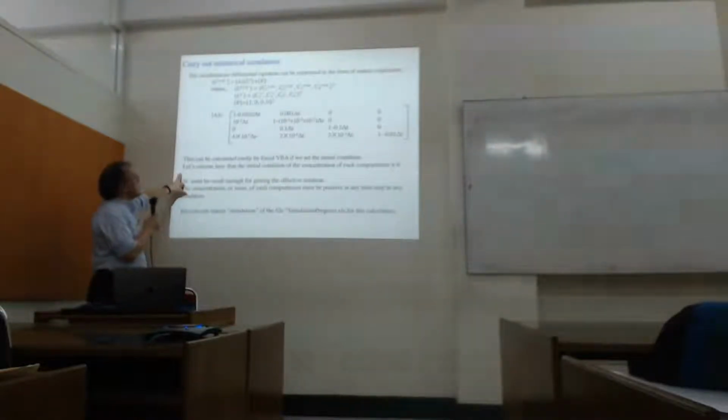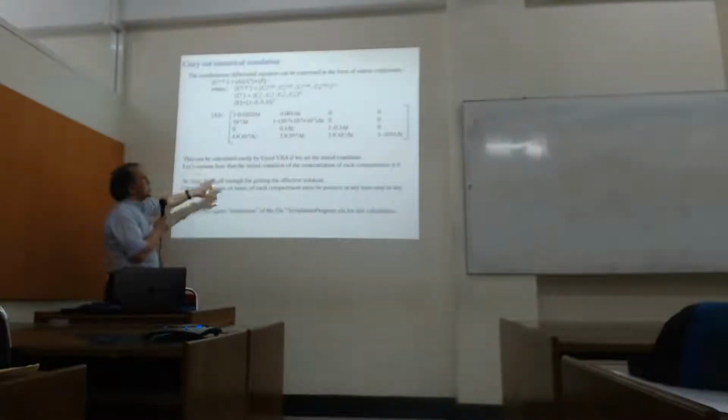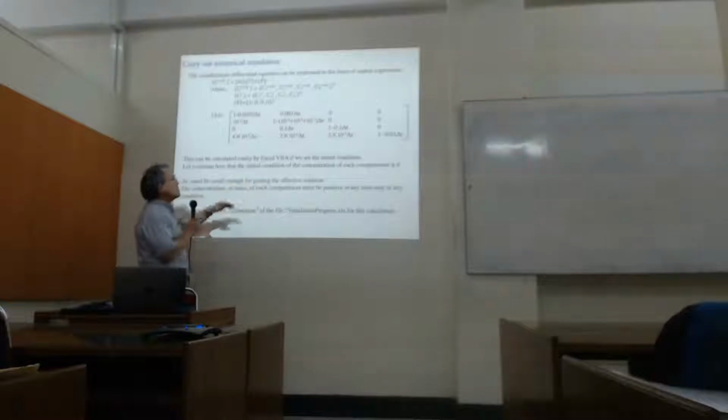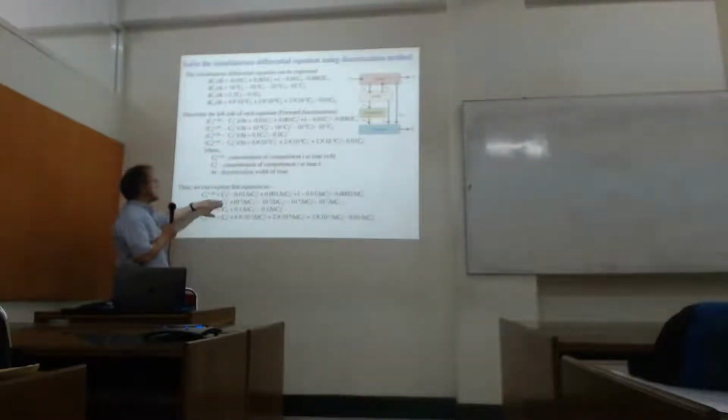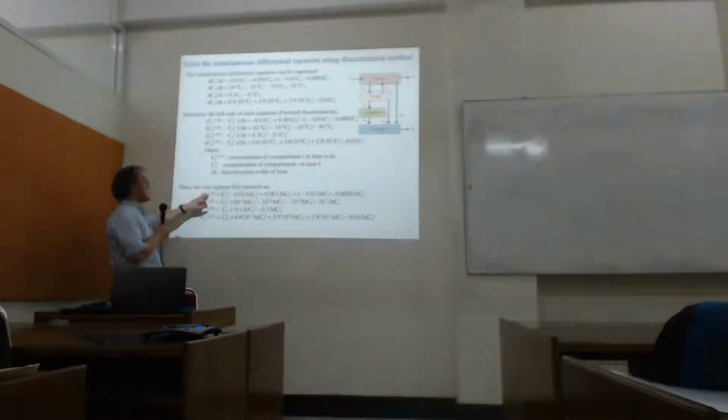This can be calculated easily by VBA, and we need to set up the initial conditions because we can calculate the concentration of each compartment at time t by delta t.